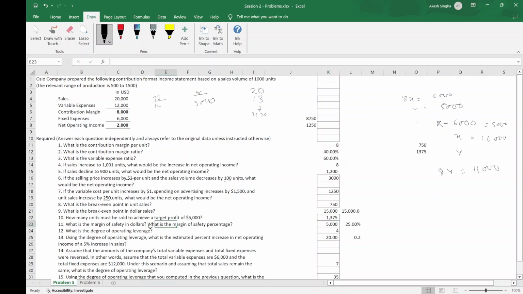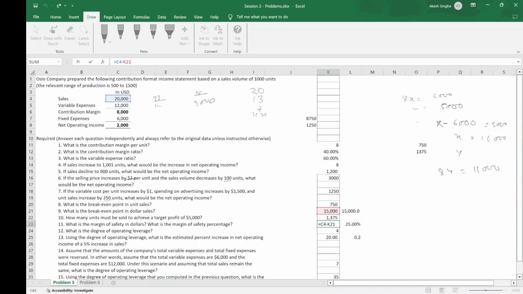What is the margin of safety in dollars? What is the margin of safety percentage? Margin of safety in dollars is C4 minus K21.